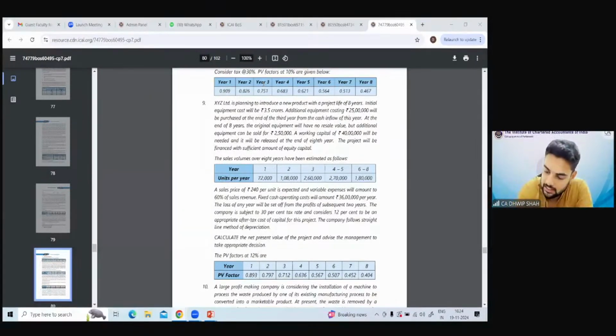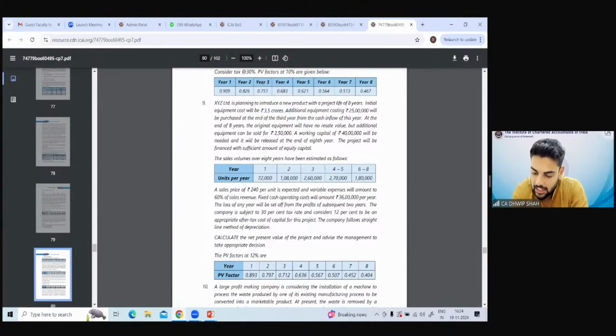So this 25 lakh needs to be discounted because it is incurred at the end of 3rd year. Correct? At the end of 8 years, the original equipment will have no resale value. Means this 3.5 crore equipment will have no scrap value.